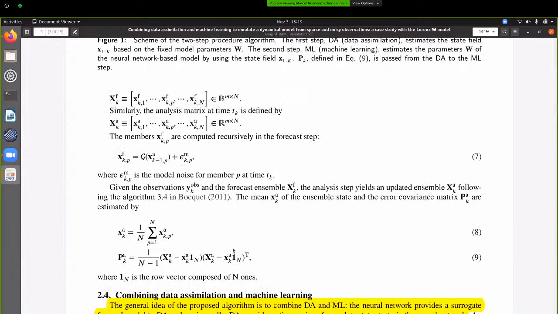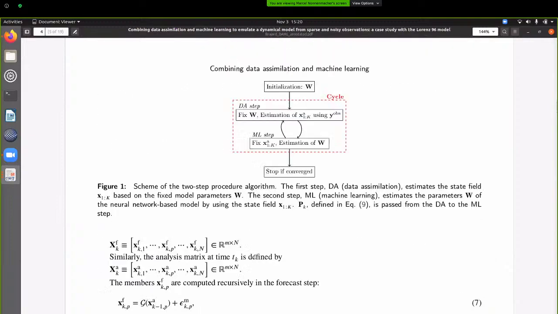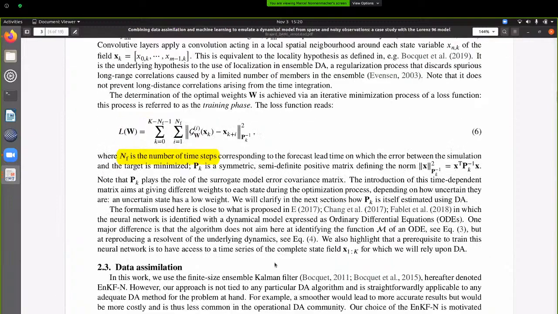And once they have these, for every point in time from the ensemble, so there's going to be a bunch of these states for every time point, they can estimate a mean and estimate the covariance. And this particular covariance is then going to be used again in the loss for training.